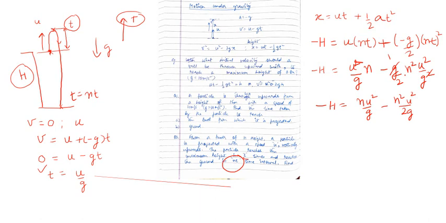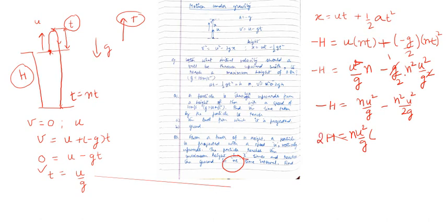So we can easily see that u square by g can come out to be common, and the negative sign can be taken inside. So this would come out to be h equal to u square upon g, and n can also be common, and u square by g, and we are taking 2 as a common also.